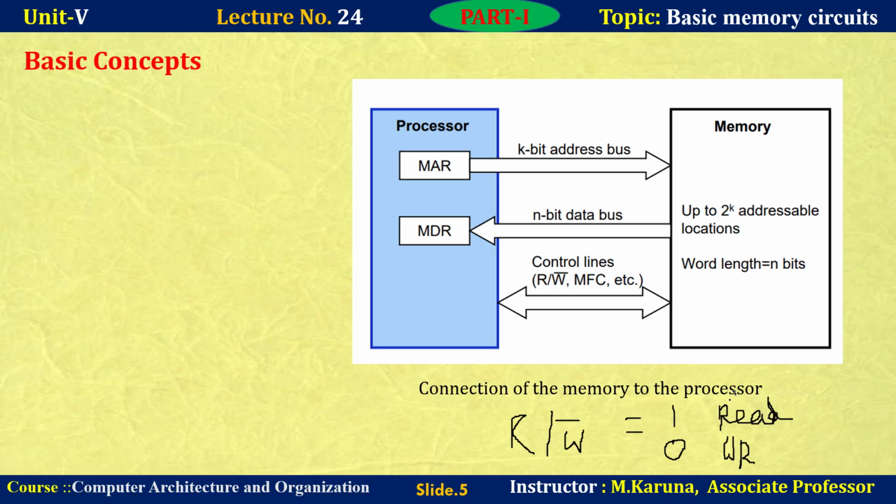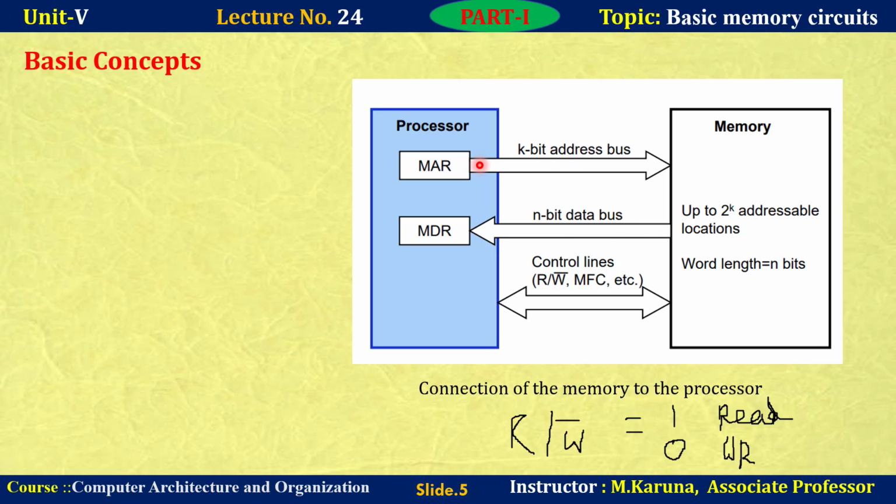If the signal is 1, it performs the read operation. Otherwise, it performs the write operation. So that's what we can say: the read signal is an active high signal, and the write signal is an active low signal. The memory responds by placing the data from the addressed location onto the data lines.